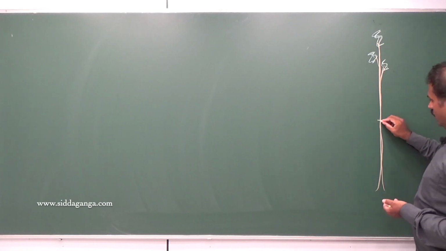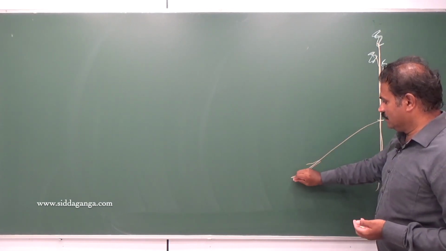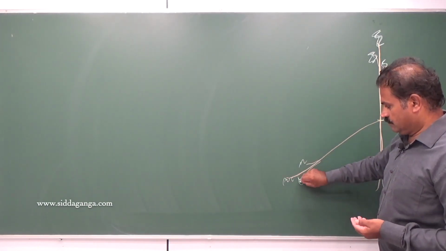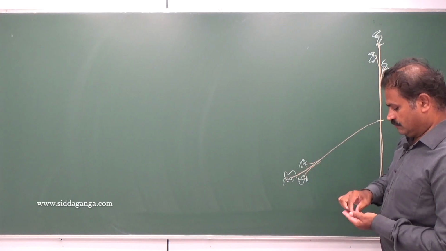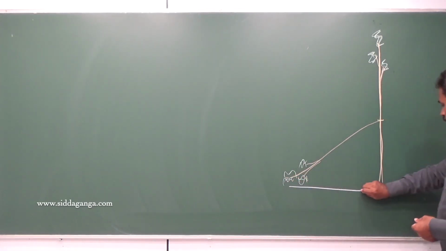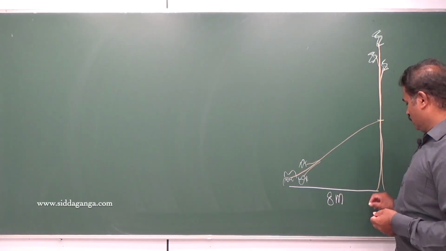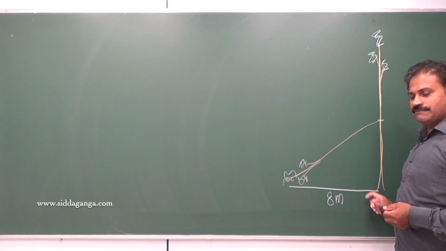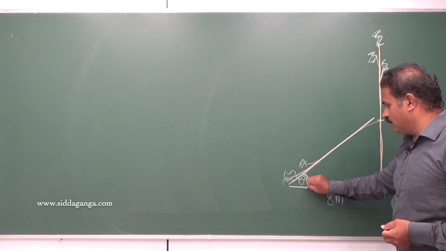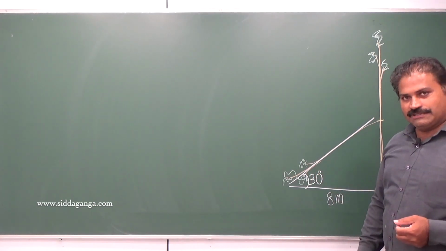So after breaking, this tree falls to the earth, so this is 8 meters from the base of the tree. So it falls 8 meters from the base of the tree and it makes an angle of 30 degree with the ground. So this is 30 degree. You need to calculate what is the height of the tree.